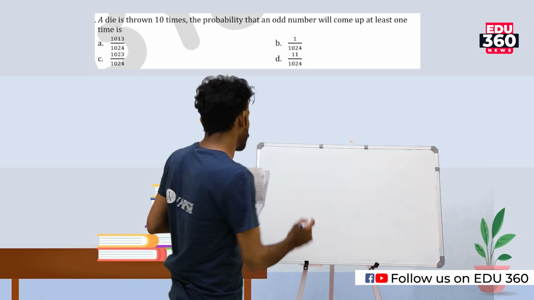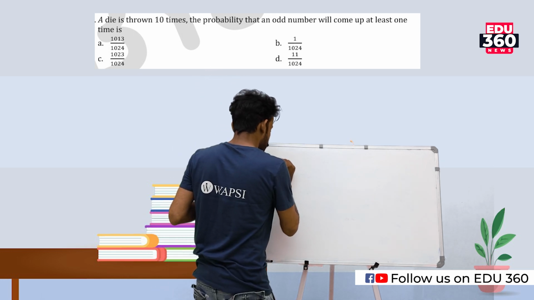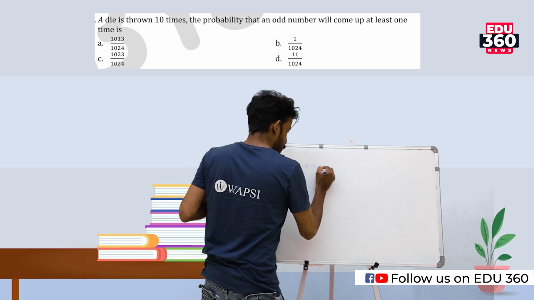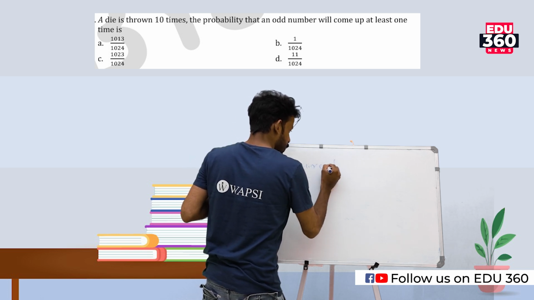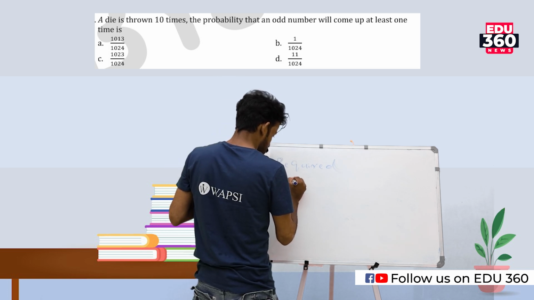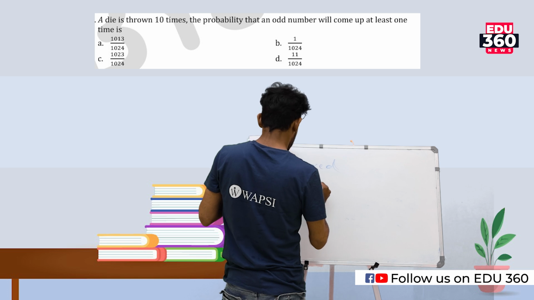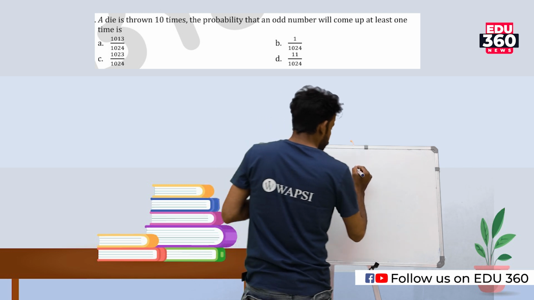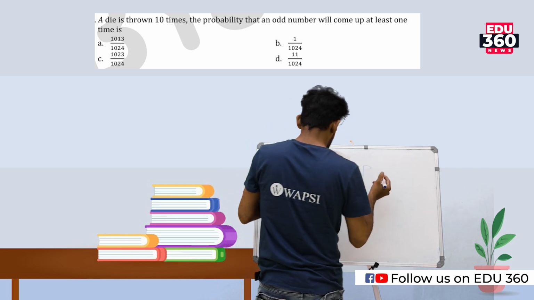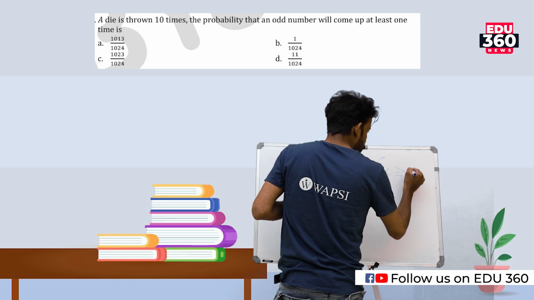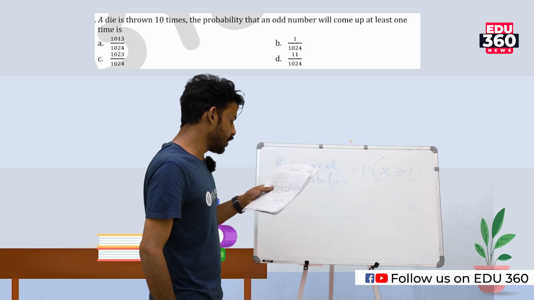So the required probability is P of x greater than or equal to 1.